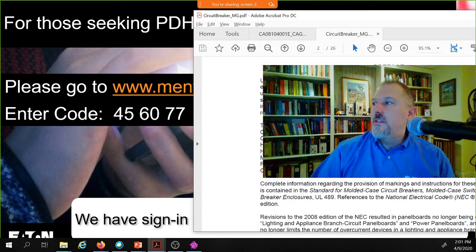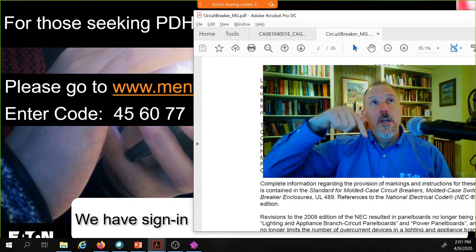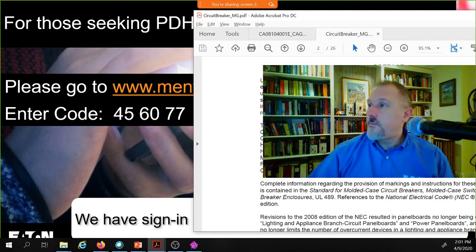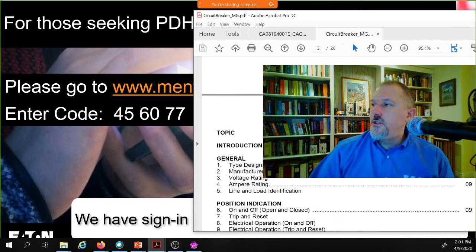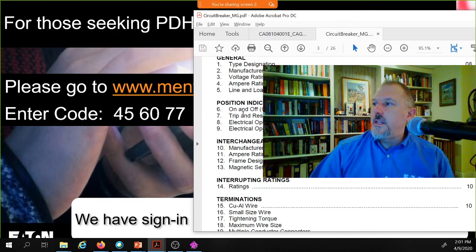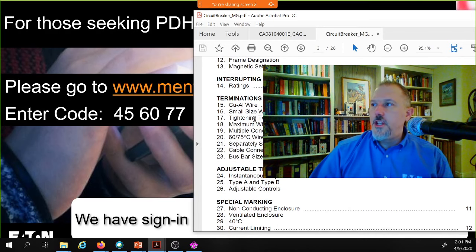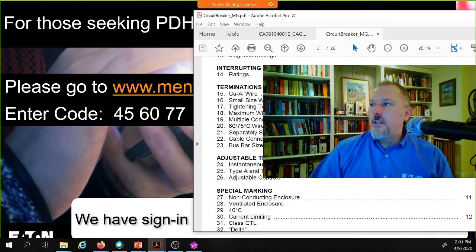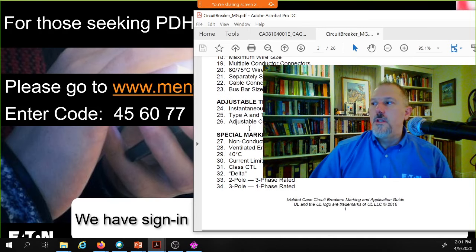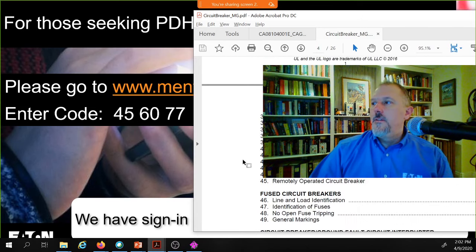And what this reference does, I have already the link on my YouTube site down below in the descriptions, but it shows you exactly what all of the markings that you'll have on a breaker, the interrupting ratings, the terminations, separately shipped conductors, adjustable trips, what the class CTL, the delta, what that means when it's marked a delta. There are so many things.